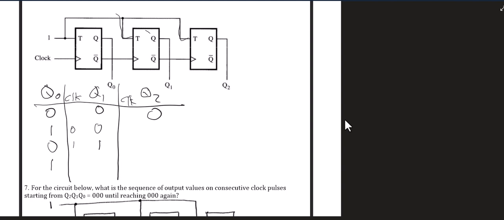So Q1 will be 1. Now on the next cycle, Q0 is 1. So that means Q bar is 0. So that means no change.